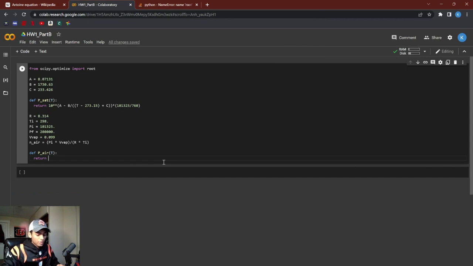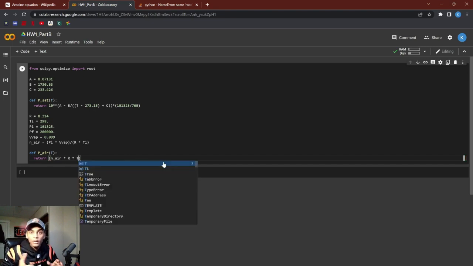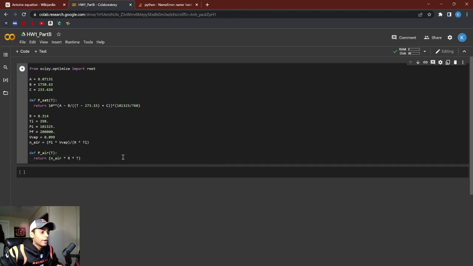So it's going to be n underscore air times R times T, which is the variable that we are defining right there. And that's going to be divided by the volume of the vapor, VVAP. And that should give us our pressure of air. We can also check that one, but it's probably going to work, so I'm going to leave that alone.